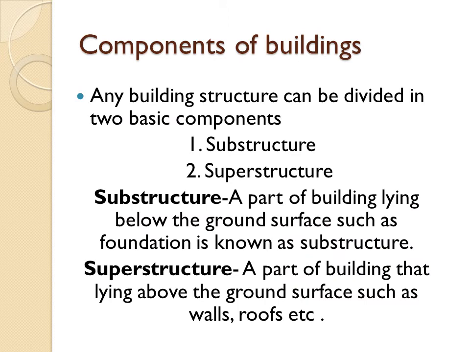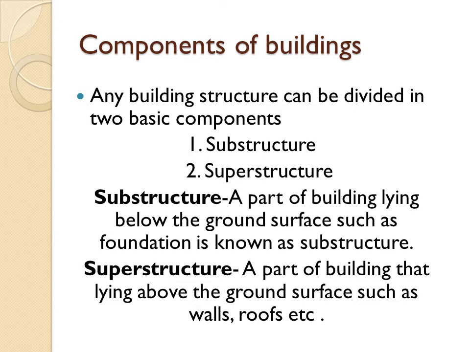So, when a building is constructed, it has various components such as foundation or footing, roof, walls, floors, ceilings, lintels, etc. All these components are broadly classified into two types.